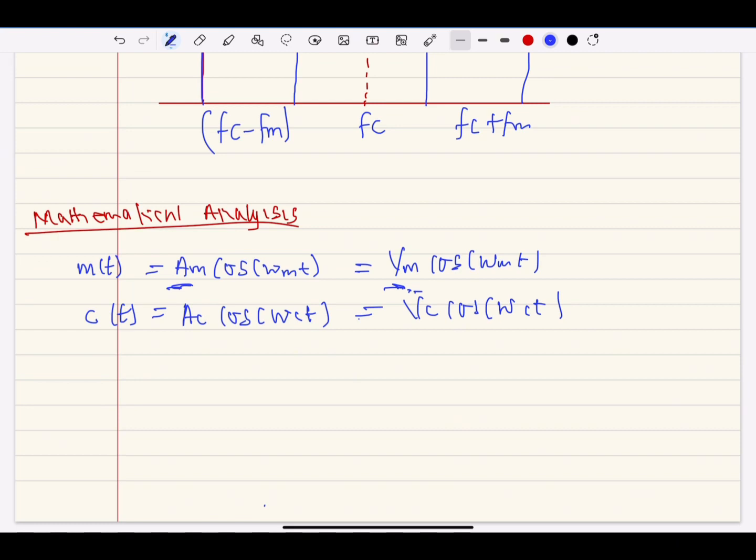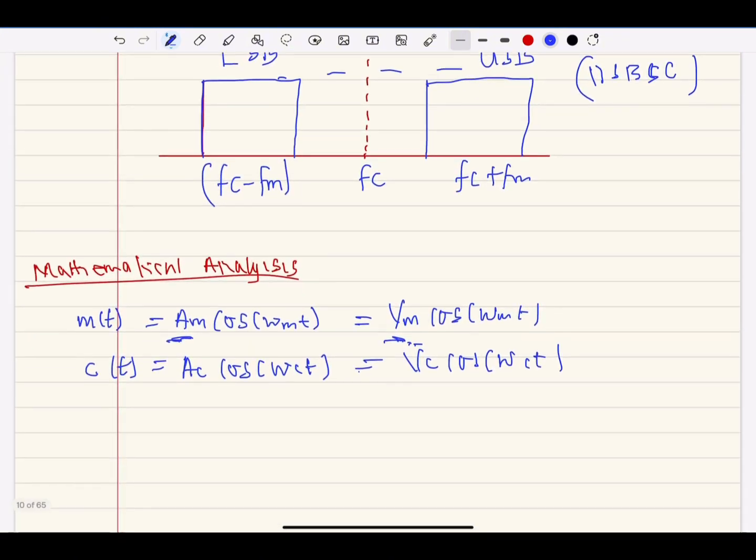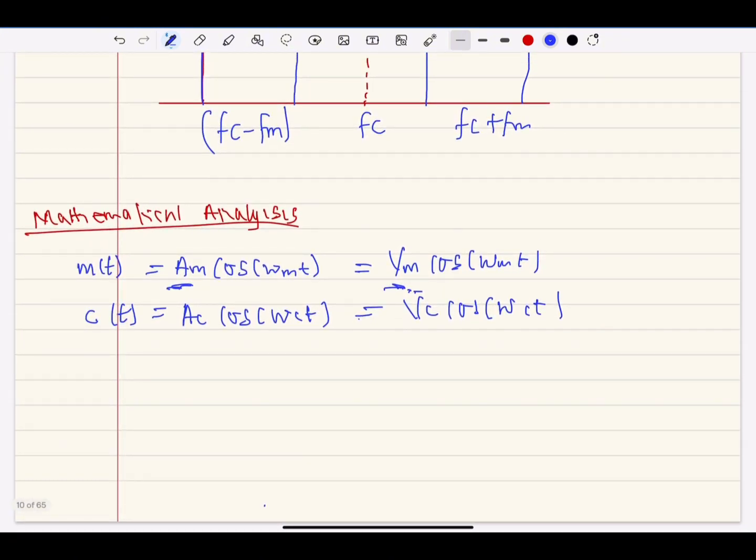For the first one that we generated, we were adding these. So when we want to suppress the carrier, what we need to do is to multiply the two, and we will suppress any other extra term. In multiplying the two, we get m of t multiplied by c of t, and the resulting output is going to give us Am Ac cos omega mt cos omega ct.